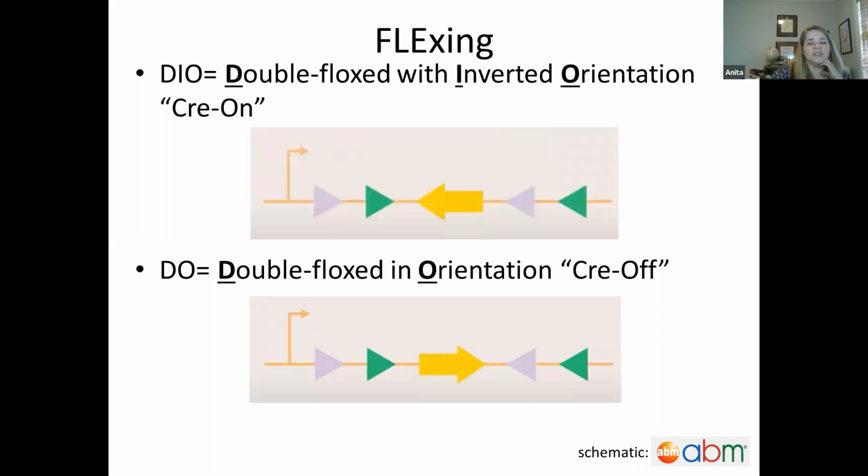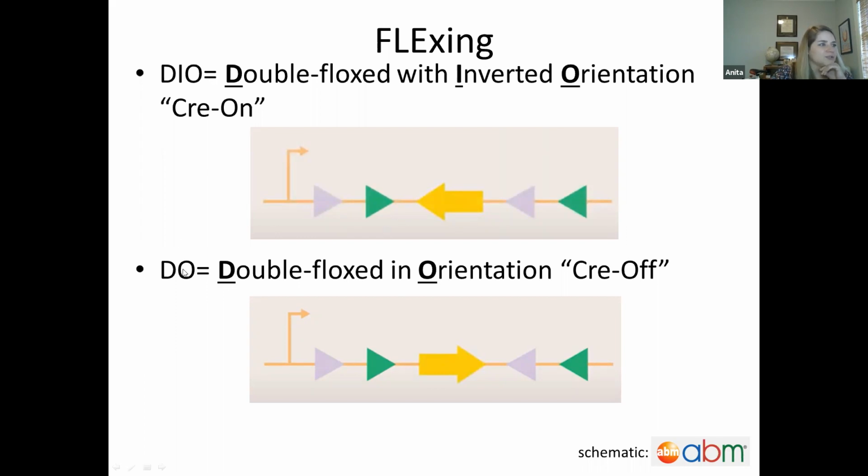Some of the nomenclature you might encounter, especially if you're just looking through a catalog of viruses, for example, is double flox with inverted orientations, and that'll turn your gene on. As we just mentioned, you have alternating sites, and they're facing each other. So inverted orientation, DIO.